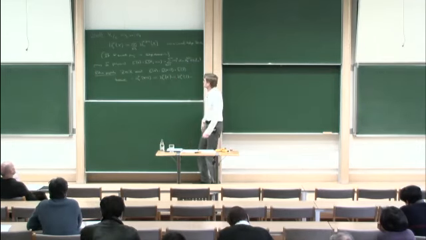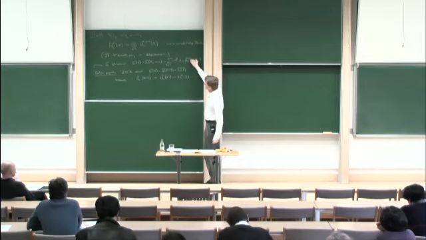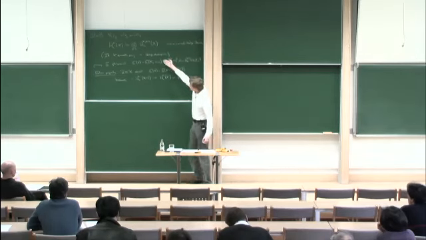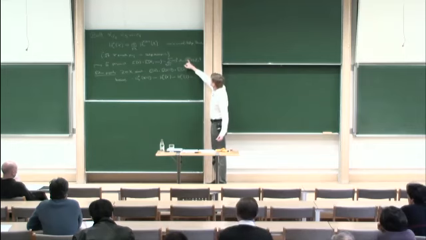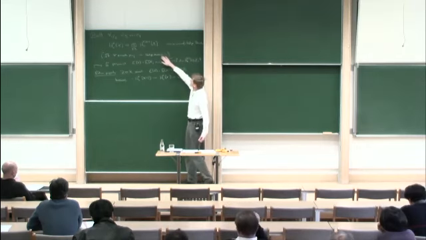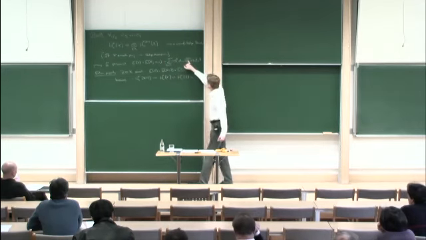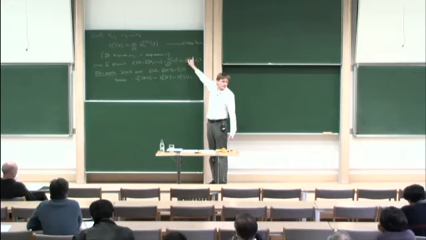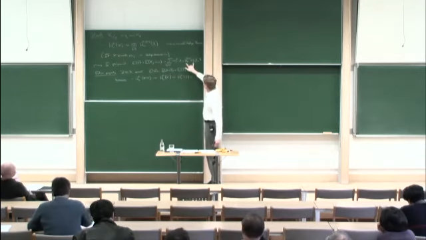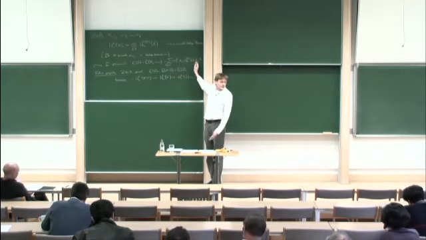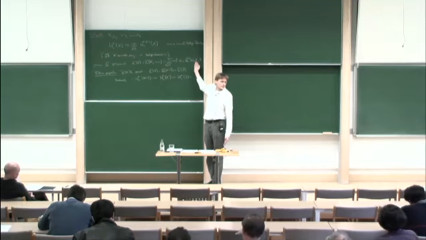But the funny thing about this is, as I told you, if I have a smooth projective variety, then, this is the Hodge decomposition, only terms appear where k is the sum of p and q. So if I have a smooth projective variety, then this polynomial will determine the dimension of the cohomology groups.